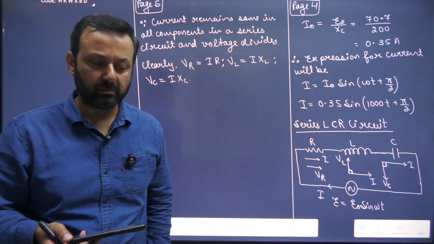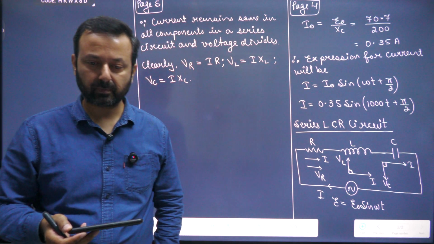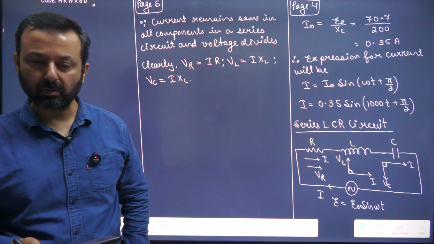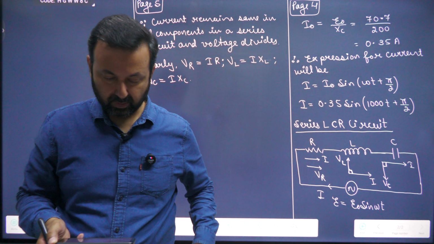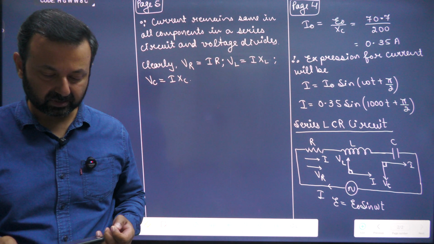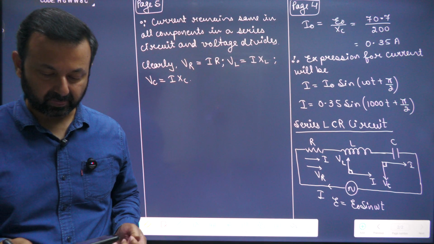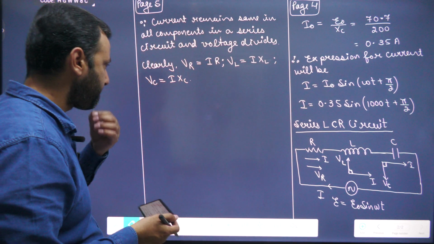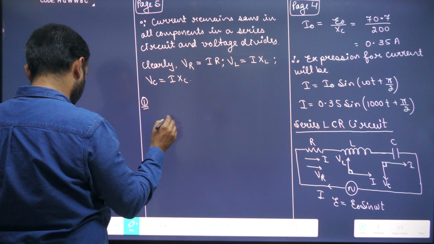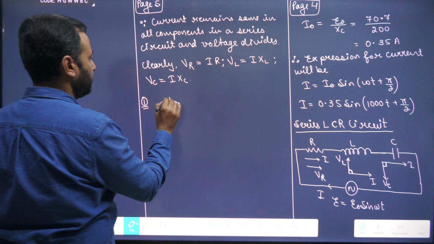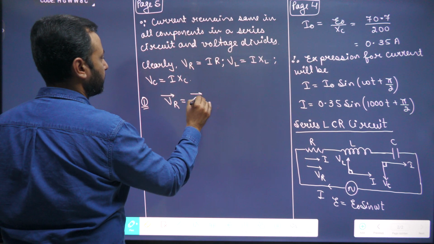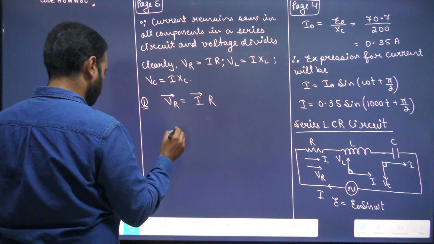Notes are handy with you? Yes. Okay. VR is equal to IR, the voltage across the resistance R, which is in phase with I. Its amplitude is first the VR vector like this.